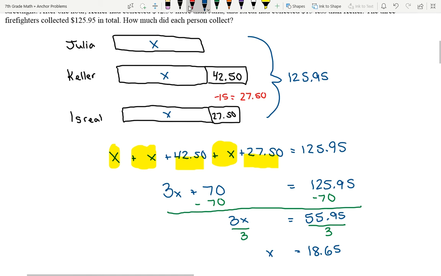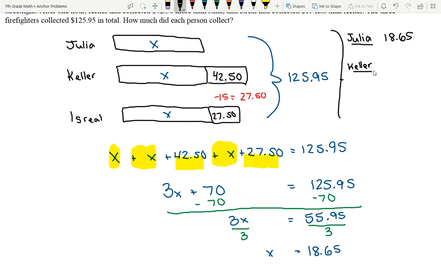We need to go back and find out what this all means. Well, we know Julia was x. And if x is $18.65, Julia is simply $18.65. What about Keller?